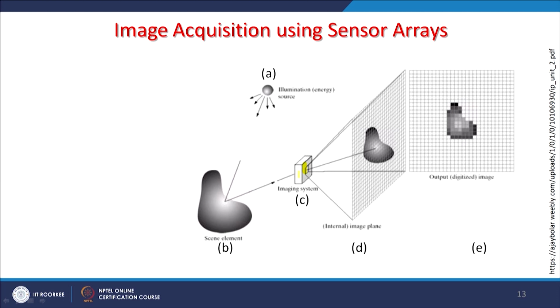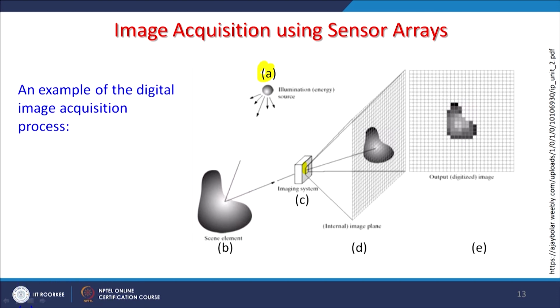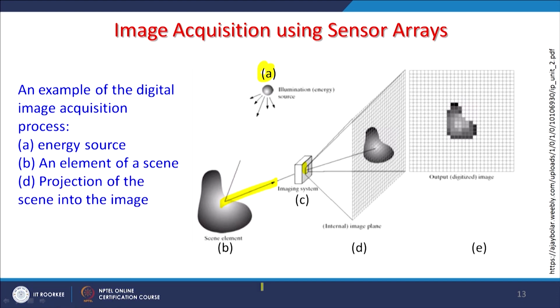So, when you are having just one single sensor, this is the illumination source, the energy source, and whatever energy gets reflected goes through this imaging system, this part, and then it is projected, and then it is recorded, and you get an output digital image like this.